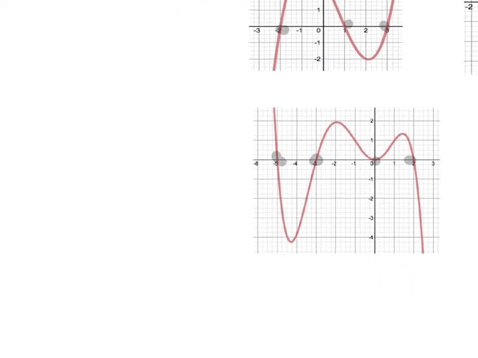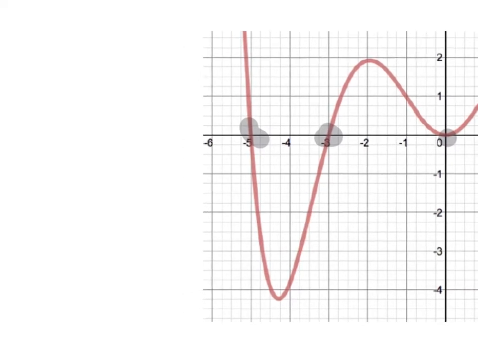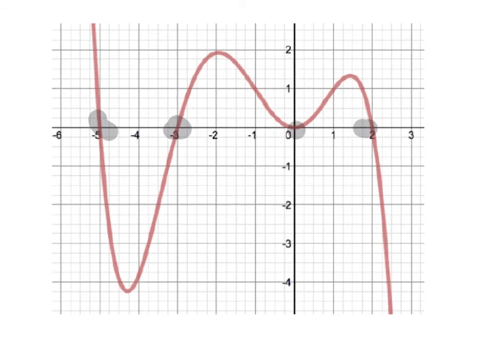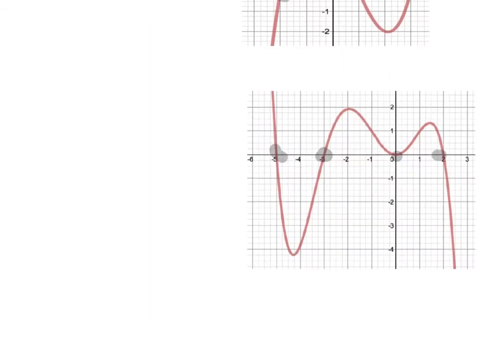I could look down here. I've got x-intercepts at -5, -3, 0, and 2. So I'm going to have factors of x plus 5, x plus 3, plain old x, and x minus 2. You could write x minus 0, but just plain old x will do.